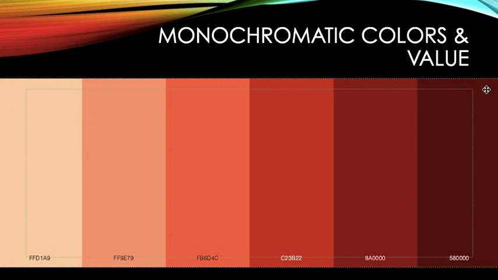Value is also one of your vocabulary words, and value is the lightness or darkness of a color. So that's what you're seeing here is the value scale of one color. So it's going from light to dark. That's the value. Monochromatic means just one color. So for example, here I've got like a reddish orange. That is the only color, but it's different values or lights and darks of it.